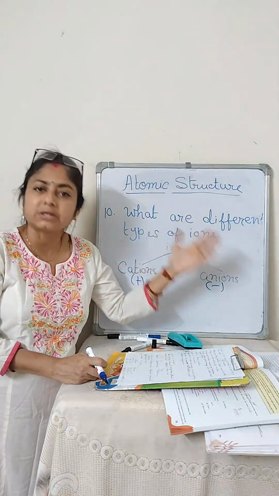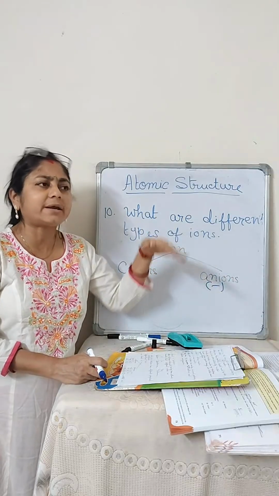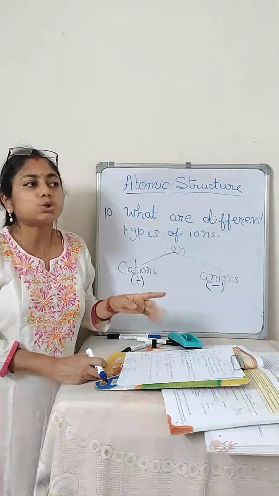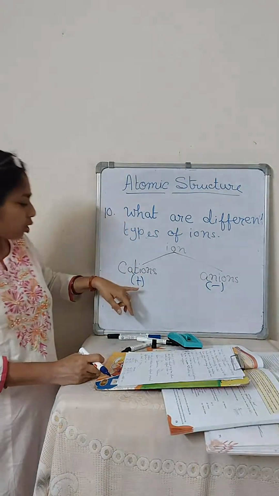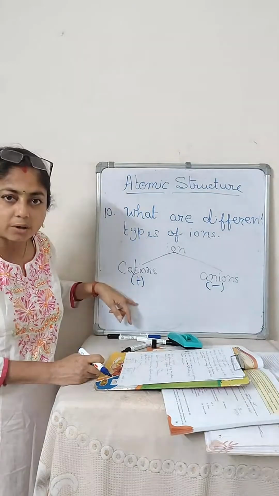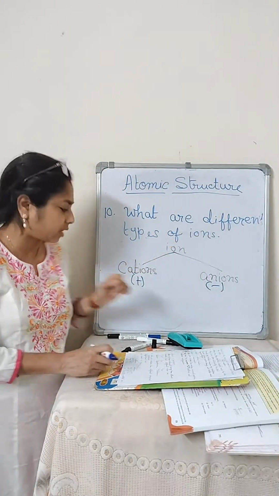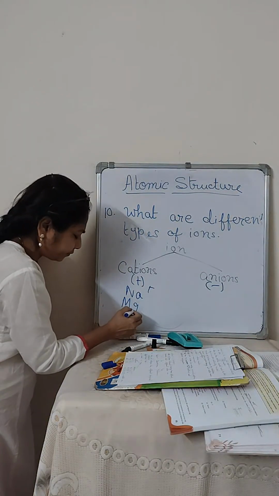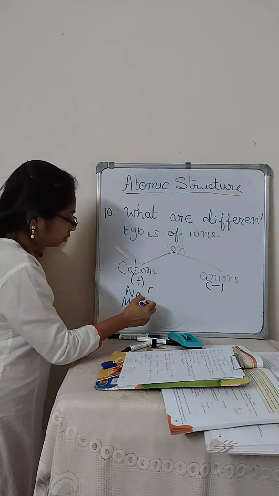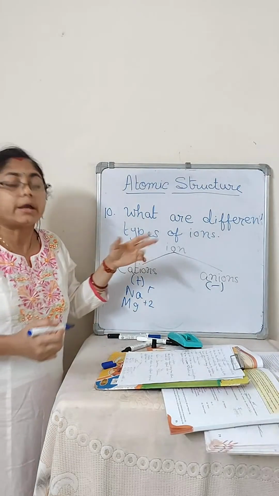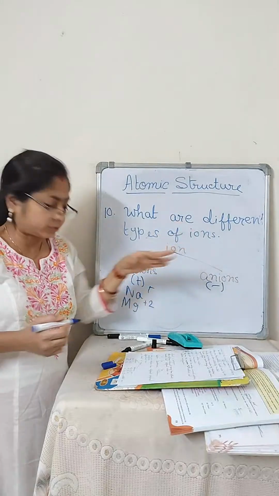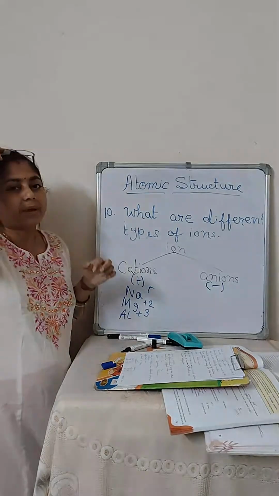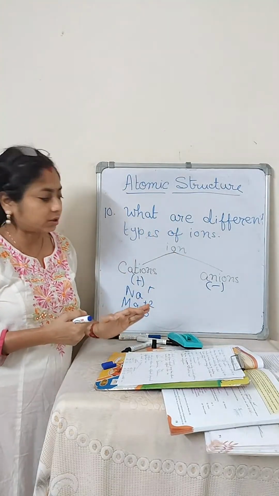The positive charge stays on the atom, electrons are given, so the negative charge decreases. So 1 positive charge is extra. So it becomes a cation. Sodium positive charge. Magnesium plus 2 means it donates 2 electrons. Aluminum plus 3 means it donates 3 electrons.